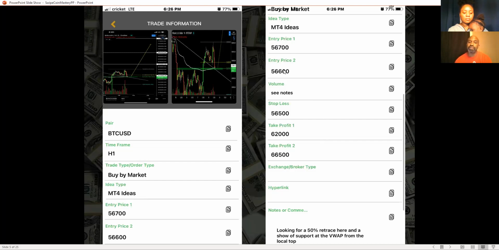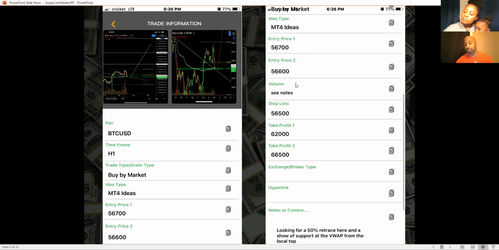So you're going to be given two entry points. What I personally do with the first entry price point is reduce my lot size that I would normally use to half the size. And if price comes down to or goes up to, depending on if it's a sell or a buy, I will do the other half once it reaches this price point.